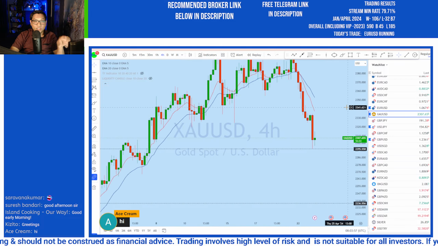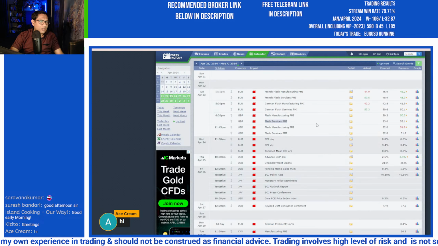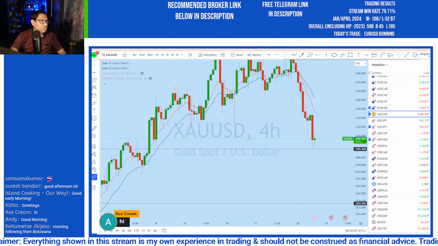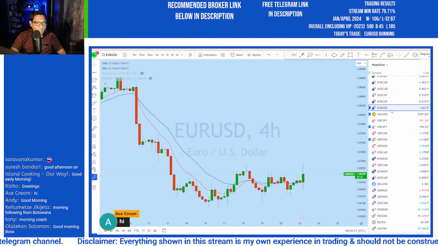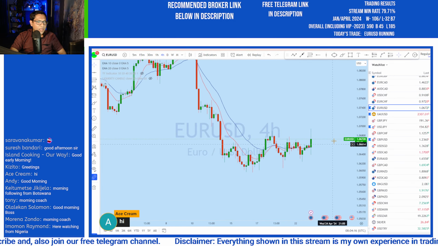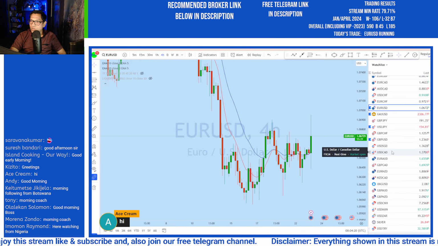And you see that there is a GBP news coming already. Euro has been released, and we saw that there was a good move with the Euro news. A bit of mixed data came out, but still we have seen an initial bounce on euro dollar, and then the market from the zone has come down for a pullback, and we might see the price moving back again. So let's see one by one.